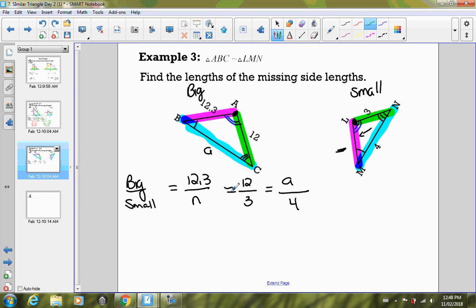So here's my known ratio. Now I'm going to perform cross multiplication to solve for n first, just because that was the way that I set this up. So what do I have to do? I'm going to take 3 and multiply it by 12.3. Remember, when I draw that x there, it tells me which numbers I have to multiply. And then my next set of numbers I have to multiply are n multiplied by 12.